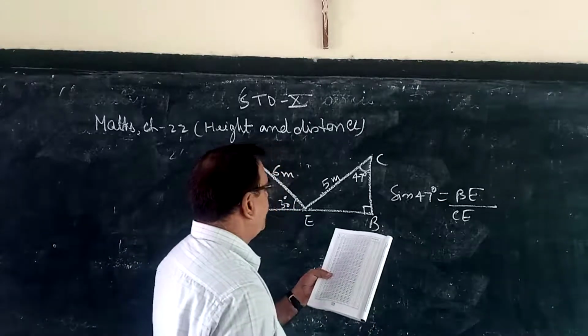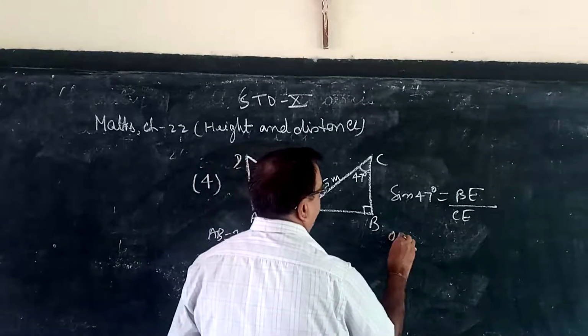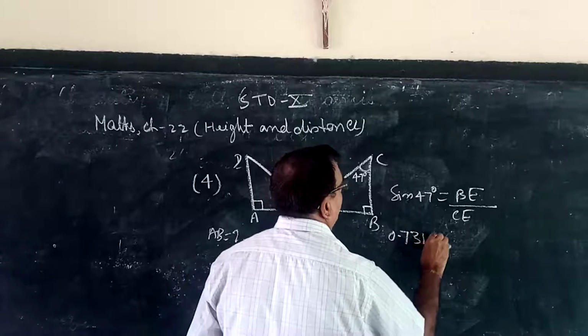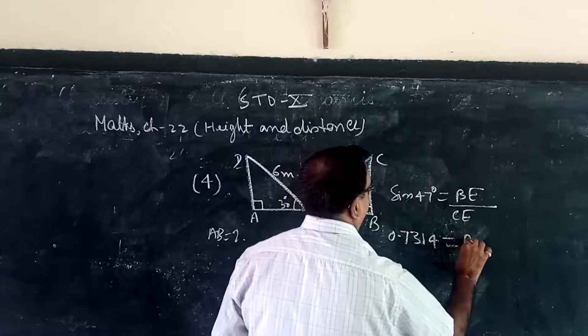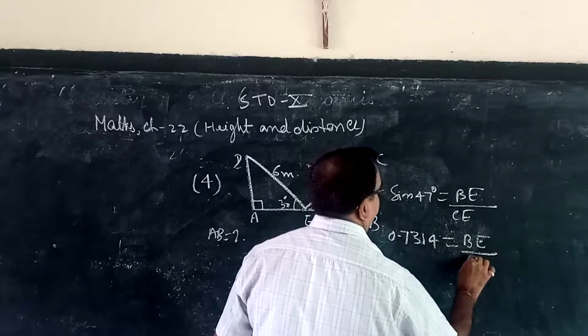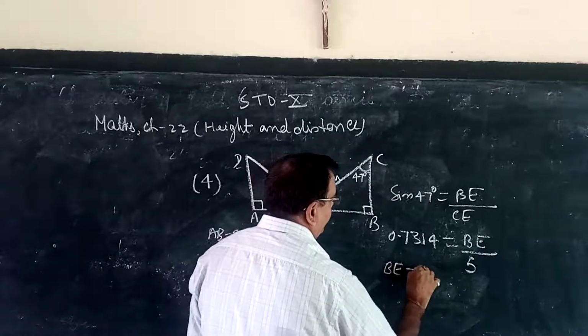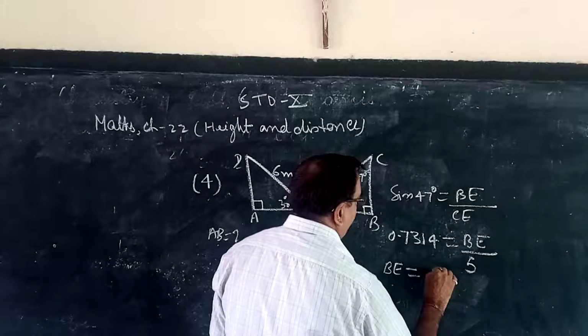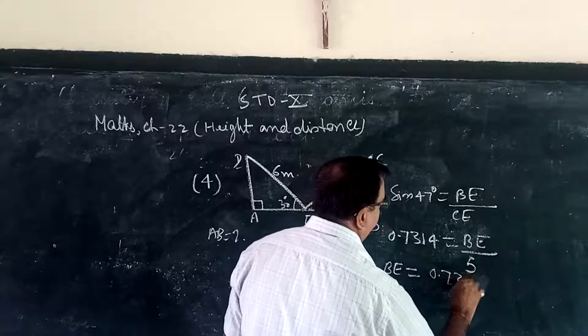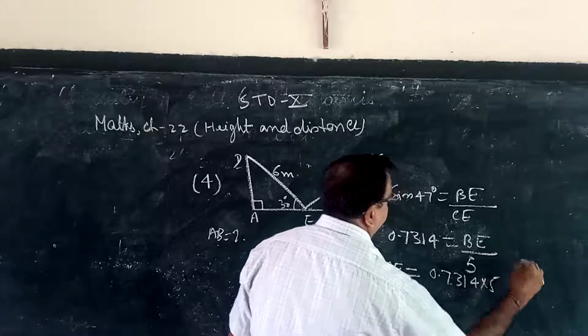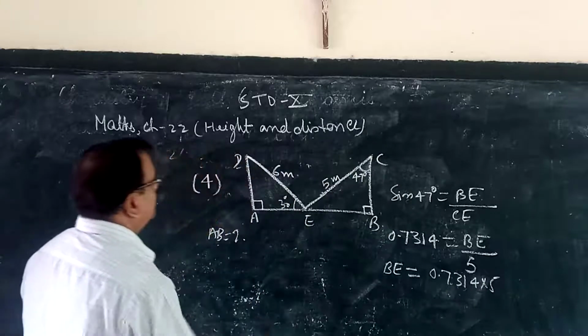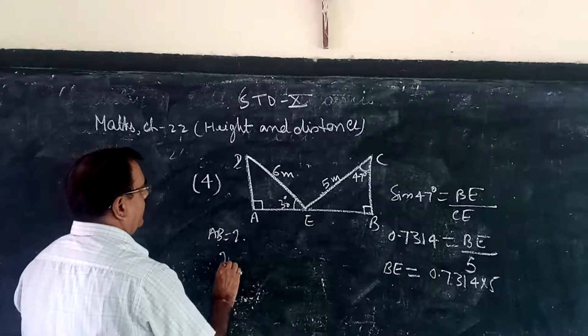Sine 47 is 0.7314. BE is not given, we have to find it. CE is given, so from here we can find BE, which is equal to 0.7314 into 5.